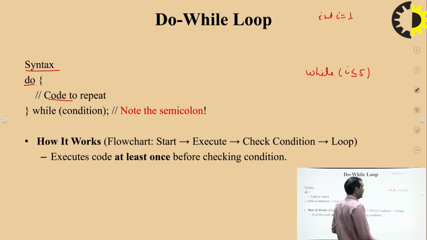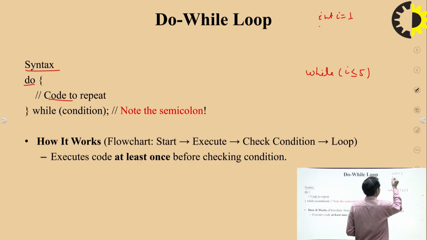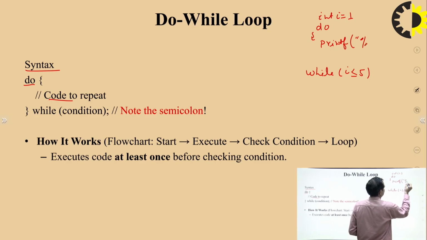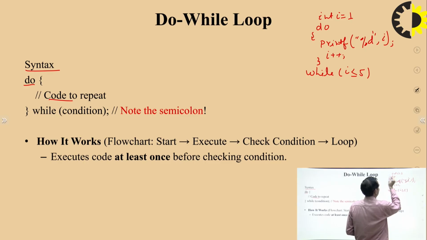Clear? So here we declare the variable, and here we apply the do, and inside the do we write printf with the percent d format and I, and we do I plus plus.